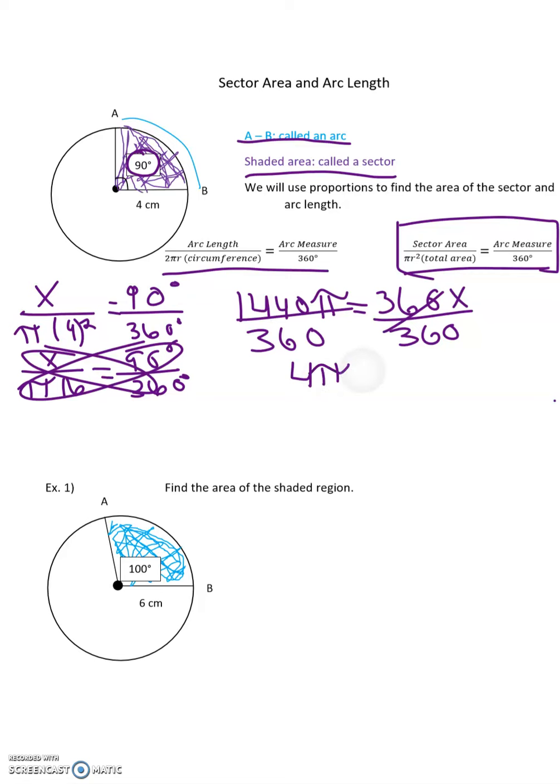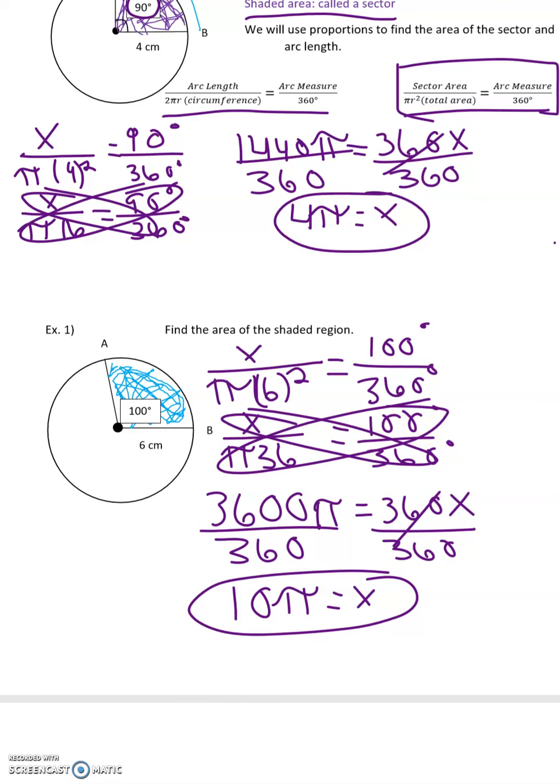As far as leaving it in terms of pi, unless it tells you otherwise, unless it tells you to round to the nearest whole number or the nearest tenth or whatever, I would just leave it in terms of pi. I think that just makes it a little easier. And if you are going to multiply out by pi, you want to wait until the very end, until you get to this step right here, and then you would multiply it out to round it.